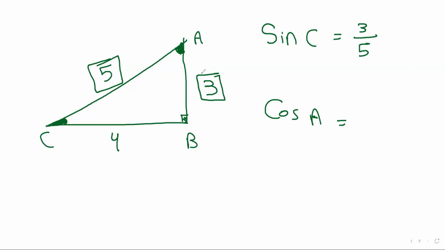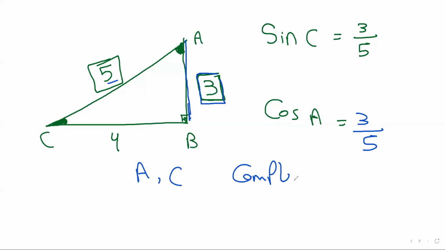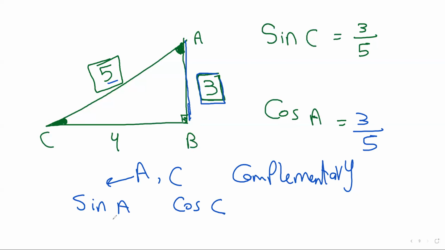Cosine A is the adjacent, and this side is the adjacent to A. So cosine A equals 3/5. So angle A and angle C are two complementary angles. So sine A is equal to cosine C, and sine C is equal to cosine A. That's it.